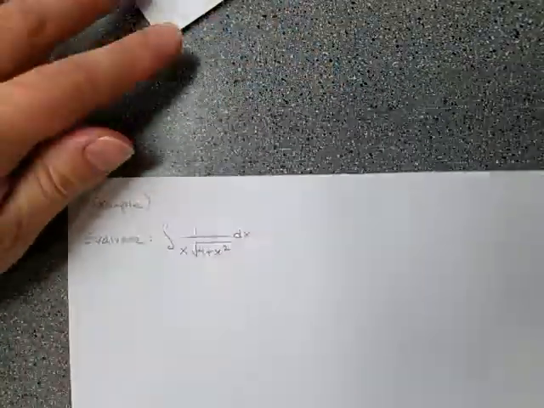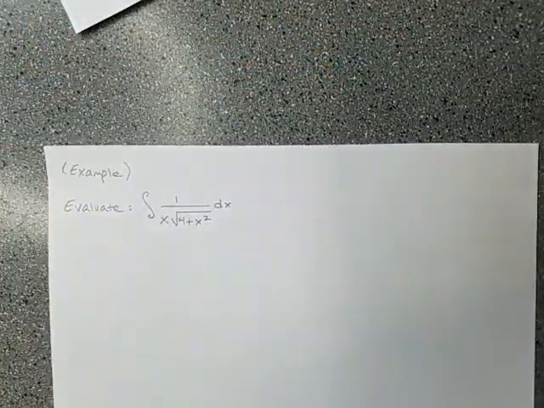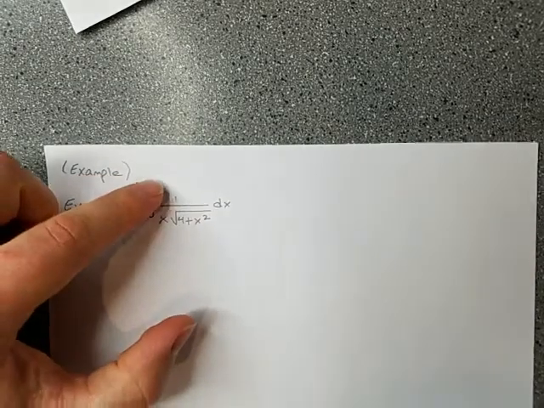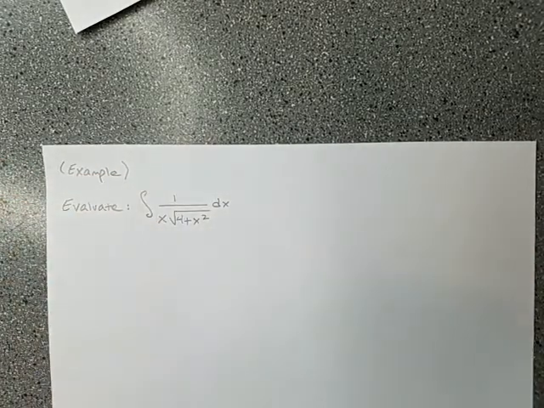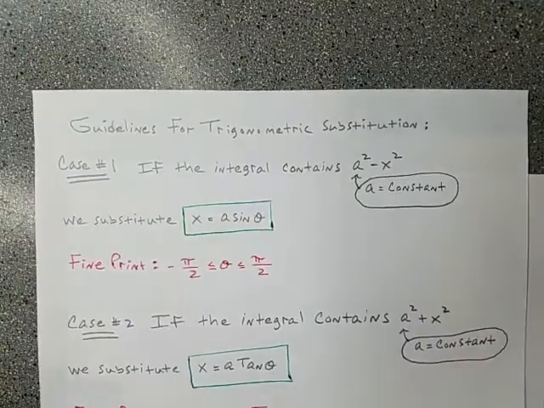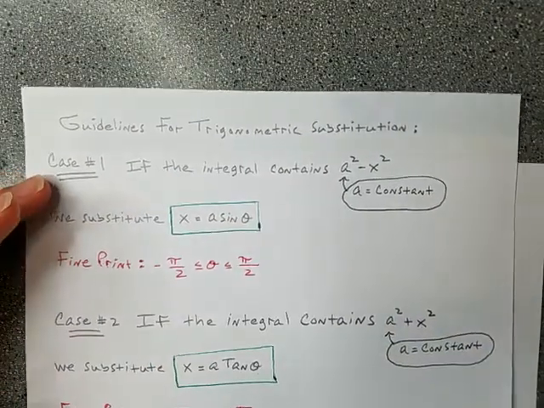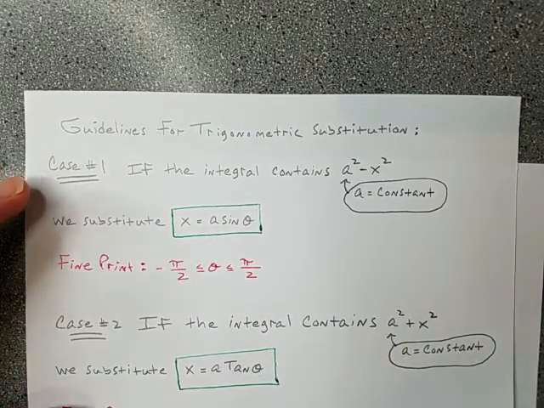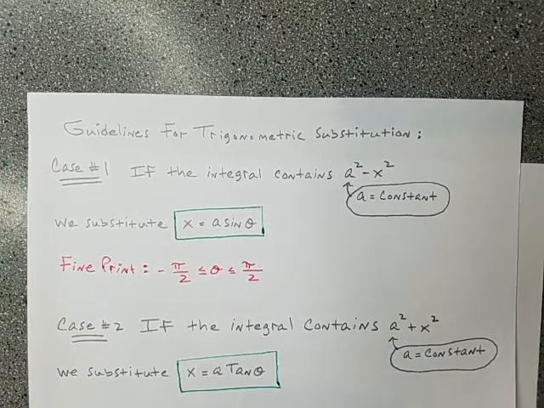All right, let's see. There was one more that I wanted to show you. Okay, here it is. This one here. 1 over x times root 4 plus x squared. So I've showed you the cases, right? And I've probably talked about those enough. Use them in much the same way every time.